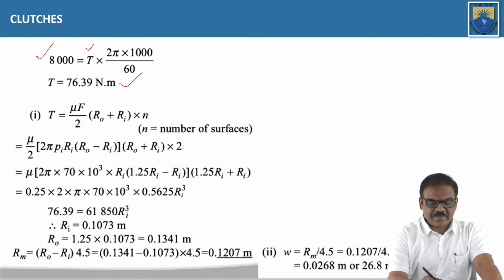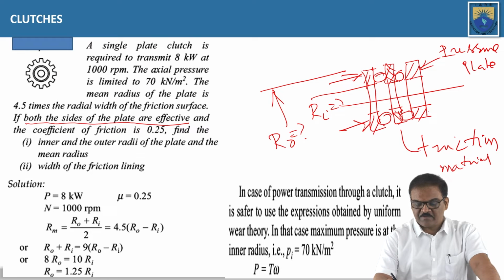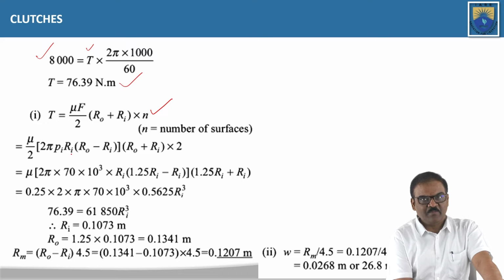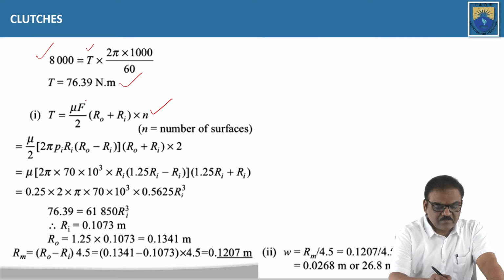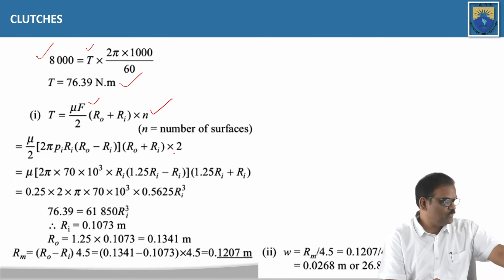where the number of effective surfaces, as I have given in the diagram, n is equal to 2. Therefore, mu by 2 into 2 pi into pressure into Ri, where we are getting maximum pressure at the inner surface, into (R naught minus Ri). This is with respect to F, into (R naught plus Ri) into 2.